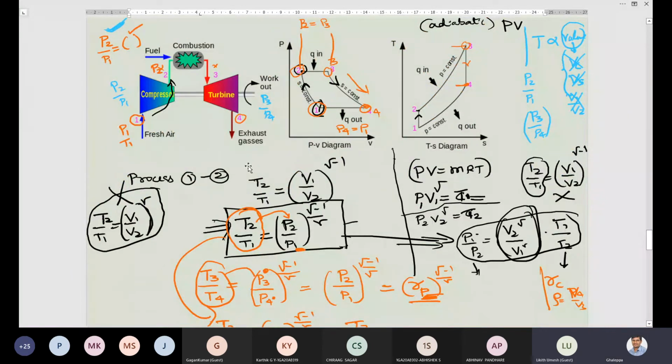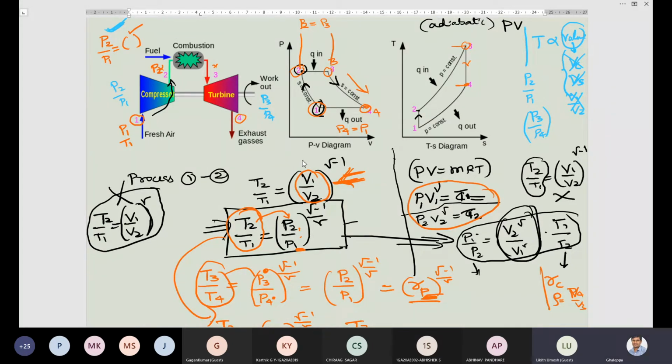Process 1 to 2 is a reversible adiabatic compression. So for reversible adiabatic, PV to the power of gamma is constant, and T1 relation. Use this same equation. I have written this equation for understanding purposes, because this is the equation we have used many times in the previous class numericals. So use this equation and convert V1 by V2 in terms of pressure.